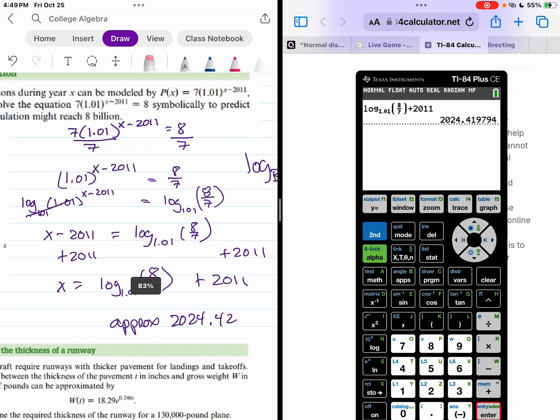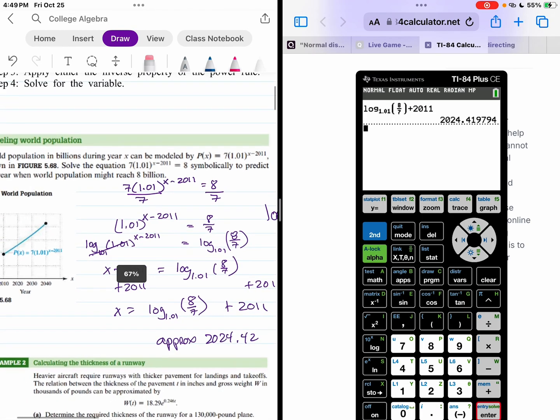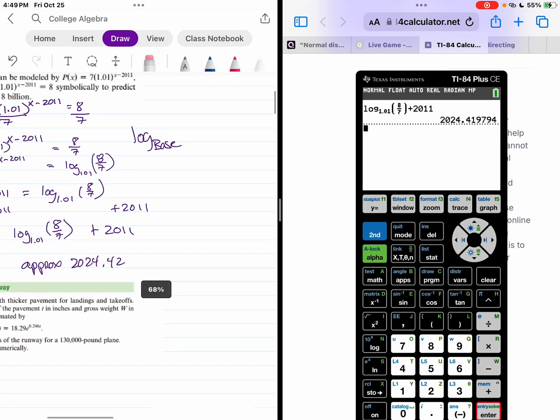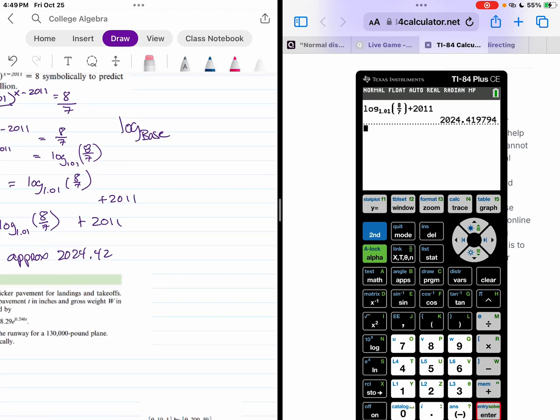2024.42. Now that's basically telling us, if we read the problem, it says, when would the world population reach 8 billion? So basically what that's saying is the year 2024, and it's almost a half a year into that year, so you're looking at about 0.42 of a year.